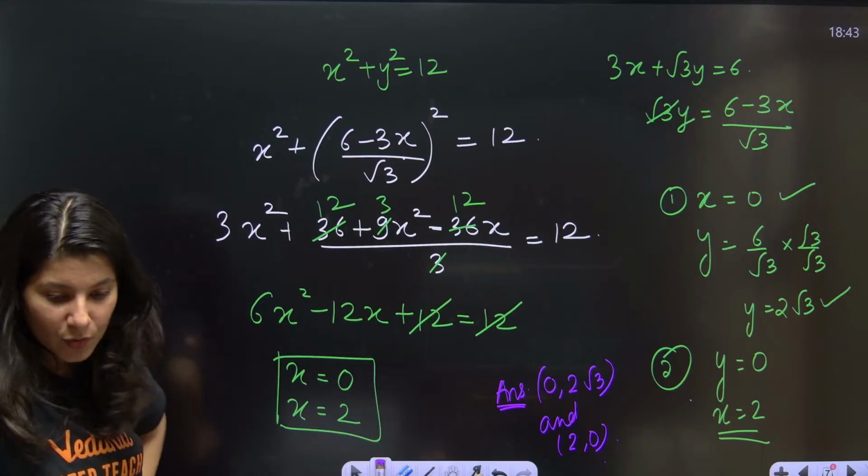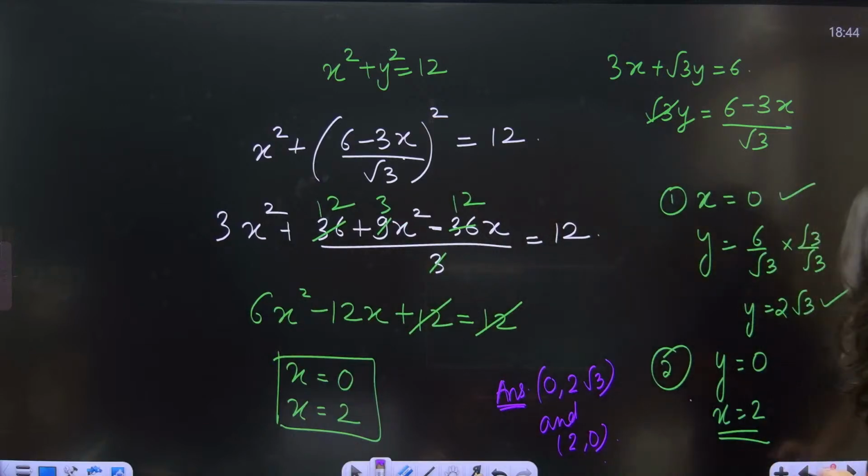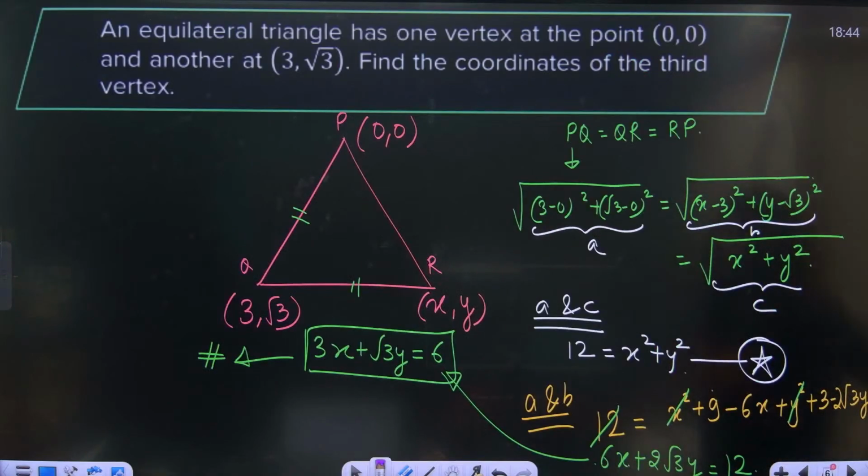Let me check one more time. Let us check if there is any calculation mistake. From here, x square plus y square, then this is also there, 9 plus this. So 12 minus 6x minus 2 root 3y.